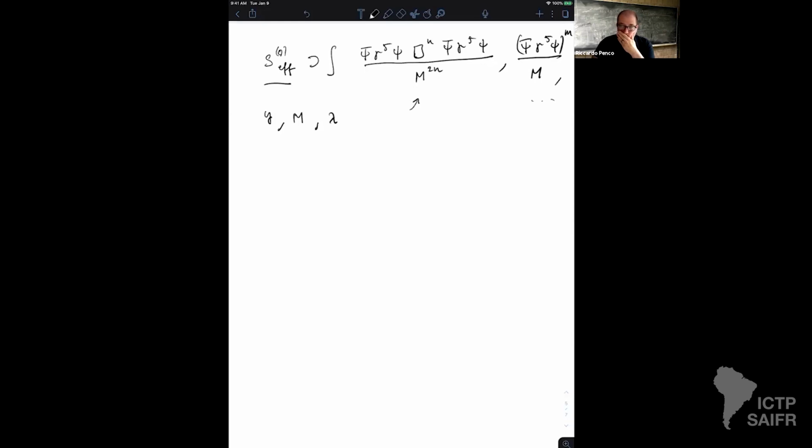Now, as I said, when we integrate out the scalar field, we obtain in principle an effective action that, as advertised at the beginning, contains an infinite number of terms. Right? Now, when we start studying physics and we study Lagrangian mechanics, we never encounter infinite Lagrangians.